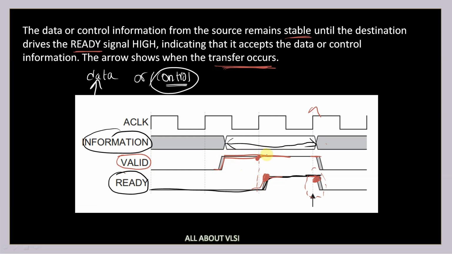So for the transfer to complete, it is going to take 2 cycles. Whenever the default value of your AW ready signal is equal to 0, for the transfer to complete we need at least 2 cycles.